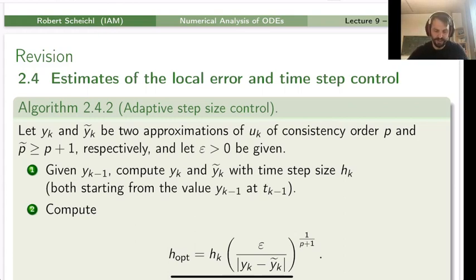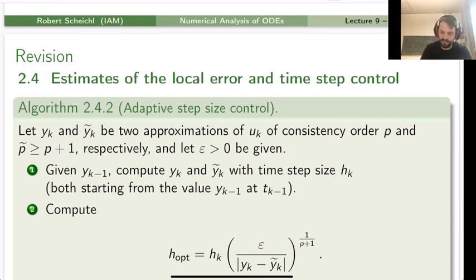The way to do this in an adaptive way is to compute two approximations of the value u at time tk, one yk and one yk tilde, with different consistency orders. So you take one value with consistency order p and one with consistency order p tilde, and you ensure that the more accurate one is at least one order more accurate.